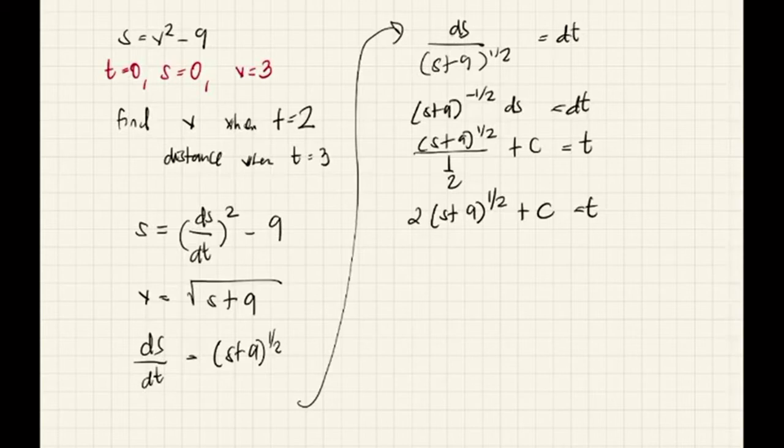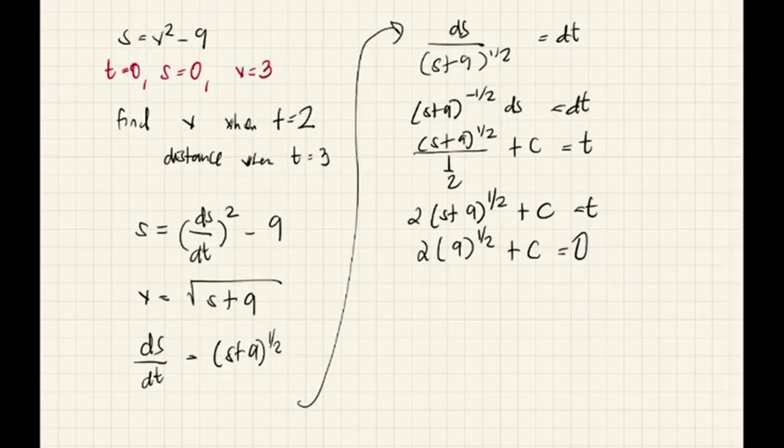Okay? So, sabi, when T equals 0, S equals 0. Tama? So, pwede natin isulat yun as 2 times, yung S ay 0, so 9 raised to 1 half plus C equals 0. Tama?